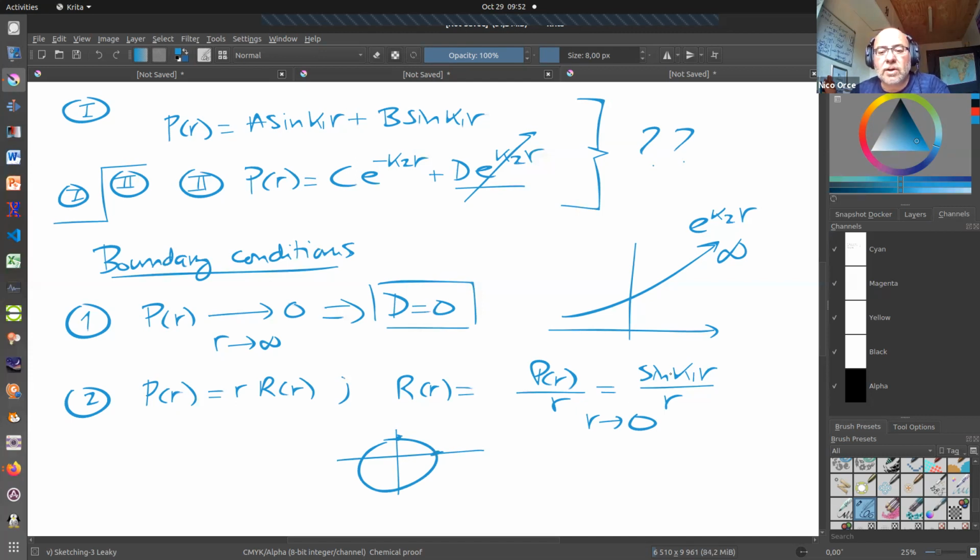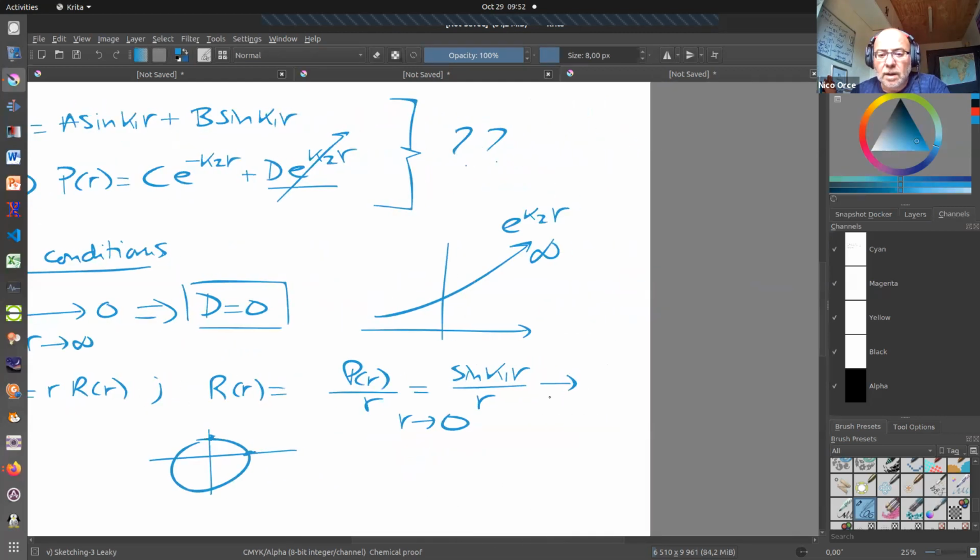So if r goes to 0, this is sine of 0 over r, which is 0 over 0. This can be solved by L'Hopital, and the sine of K1r goes to K1r. The limit of this as r goes to 0 is K1r over r. So basically, this is going to be equal to K1, right? So R(r) is going to tend to K1.